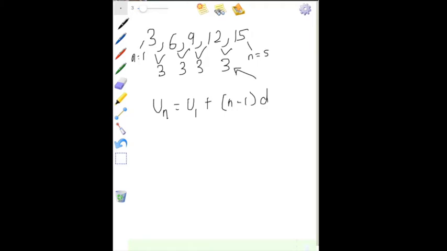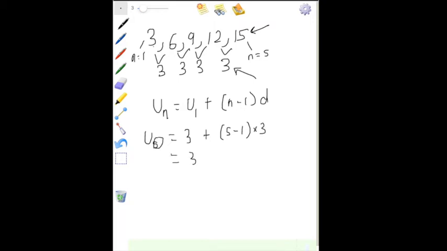So let's take the example of u_5 in this scenario. We already know that u_5 should equal 15 as shown here, but we are just going to see how the formula plays out. So u_5 is equal to u_1, which is 3, plus (n, which is 5, minus 1) times d, which is, as mentioned, 3.